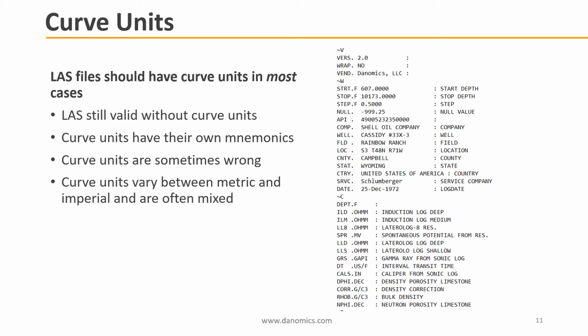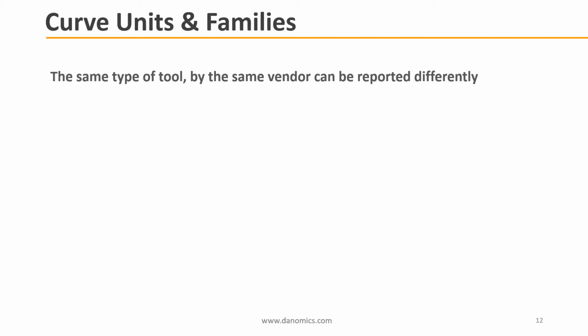Sometimes within a project you may have some wells that have been reported in metric, sometimes in imperial, or maybe you'll have some imperial measurements and some metric measurements as well. So those are things that need to be considered, and you really need to have maybe your own type of workflow for evaluating that.